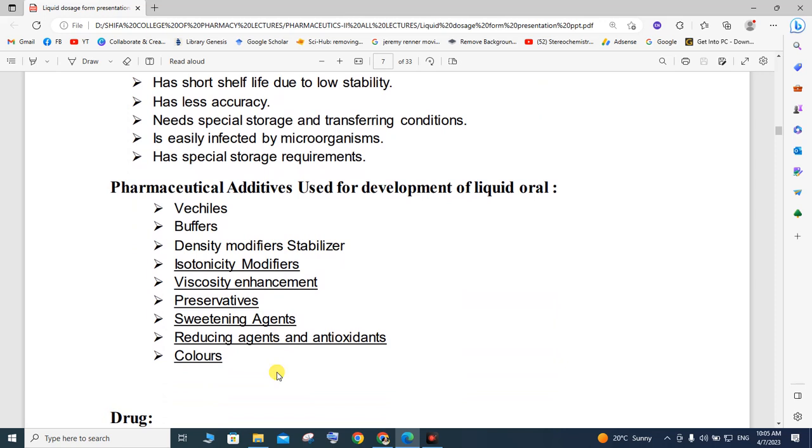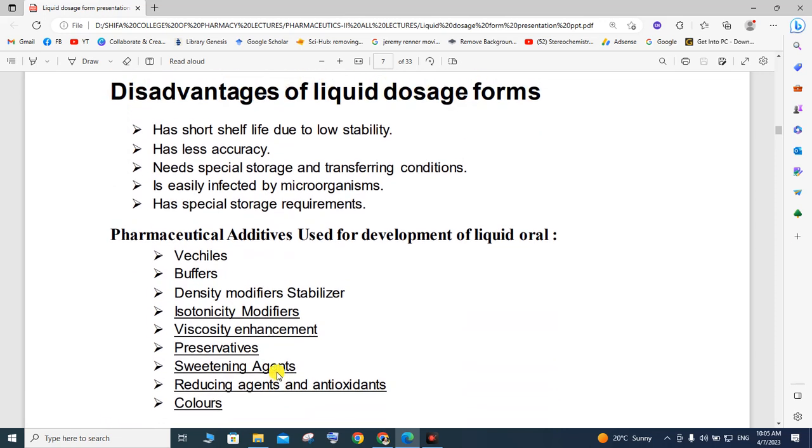There are some pharmaceutical additives which are also used for the development of liquid oral dosage forms. These are the vehicle, buffer systems, density modifiers and stabilizers, as well as isotonicity modifiers and viscosity enhancers. We use the viscosity enhancer to increase the viscosity, the internal resistance to the flow of the liquid.